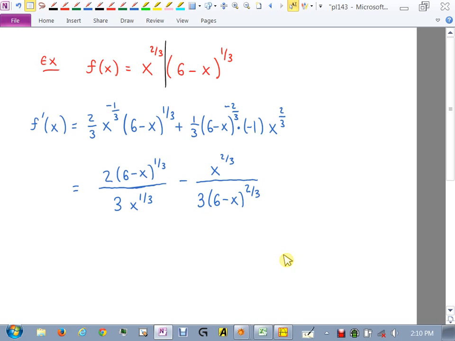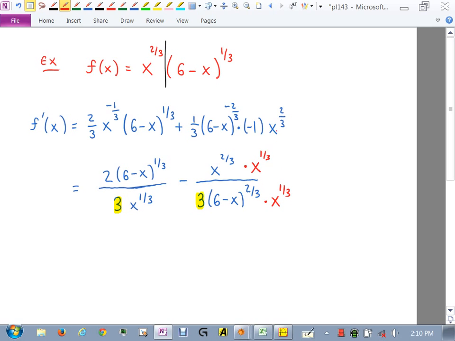Yay! Now what? Because we have to set that to 0. Common denominator. Well, we have 3 in both. Yes. But I also need an x to the 1/3 in both. So I'm going to have to introduce times x to the 1/3 here, times x to the 1/3 here.